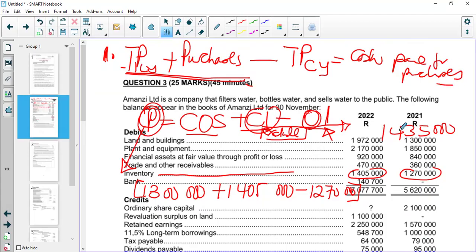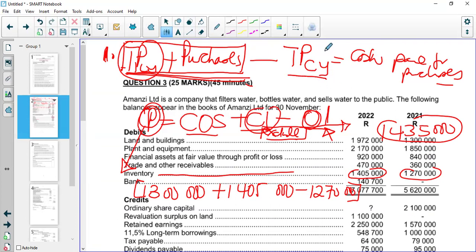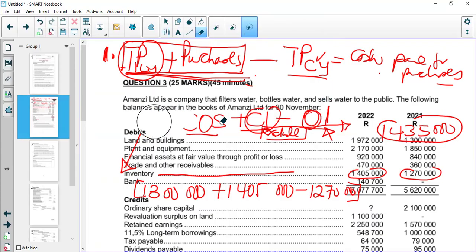So the first step was to determine all the purchases, whether paid for or not. Then we combine them with what was owing last year, which we should pay, plus current year purchases, which is the total amount that we must pay. Then we subtract trade payables still existing at year end, because we haven't paid this, so the rest was paid. That's the logic, so let's apply that.